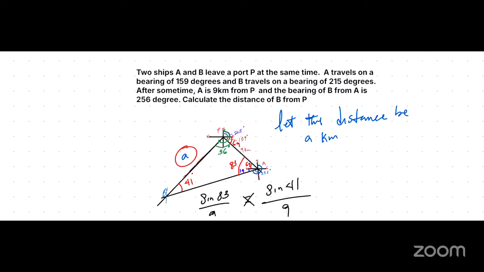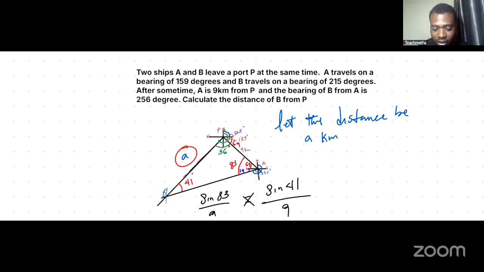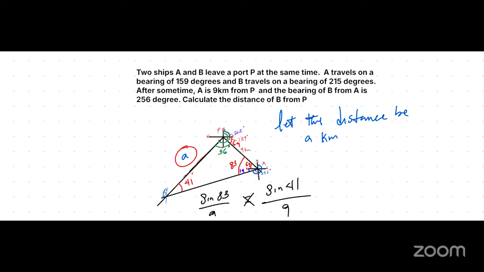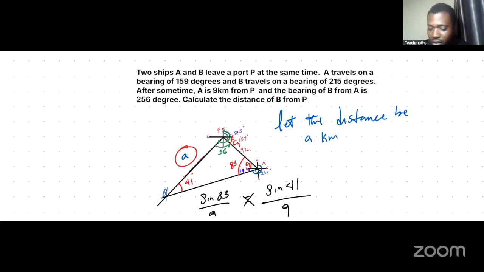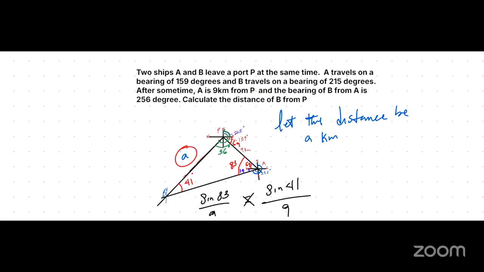So A is 9 times sine 83. What's sine 83? 0.9926. Is it 26 or 25? Approximate. Sine 83 is 0.9925, that's 0.99246. So you round up.